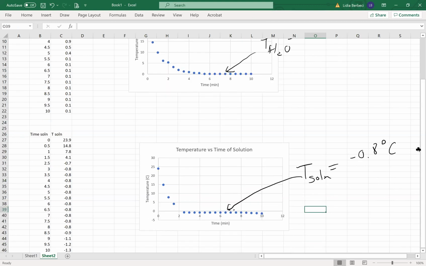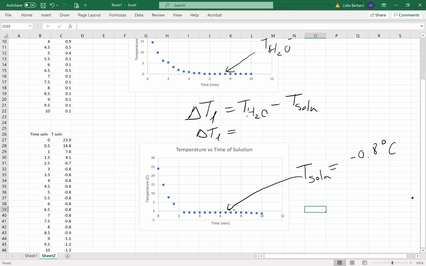So now, with those numbers, we can find the change in the freezing temperature, which is the freezing temperature of the solvent minus the freezing temperature of the solution. We're going to use our numbers from the graphs.